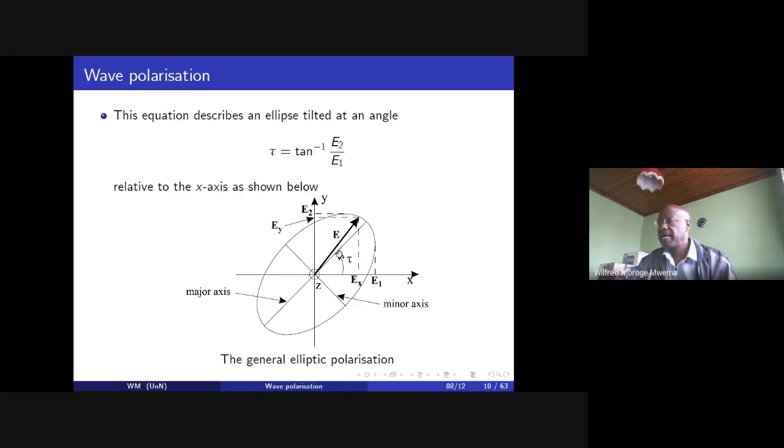So the major axis is that value there, and the minor axis is that, and tau is the angle made by the major axis with respect to the x direction. And this is a general elliptic polarization case.